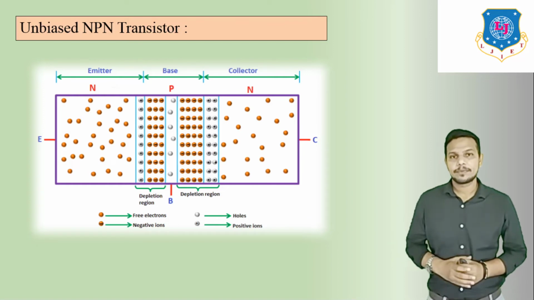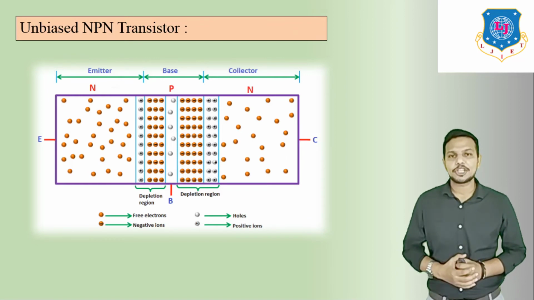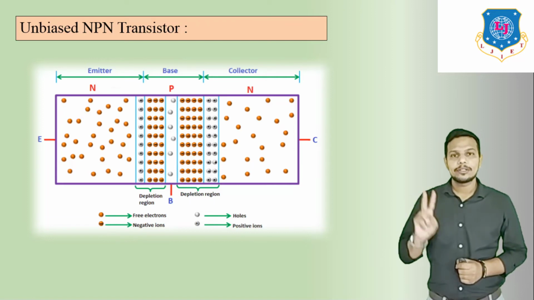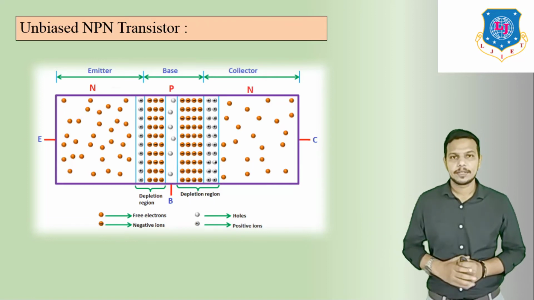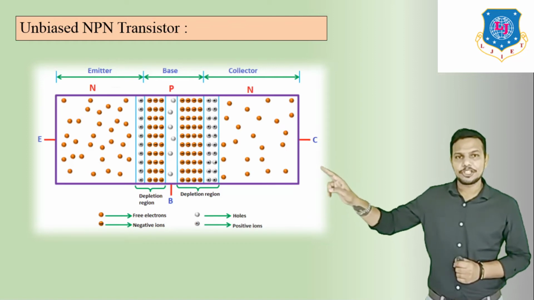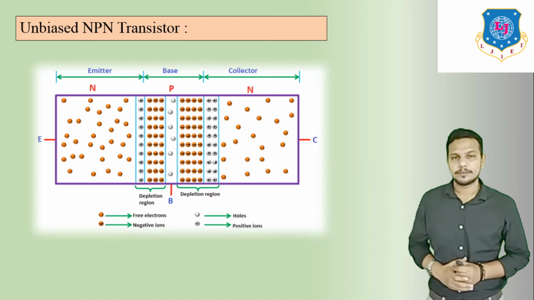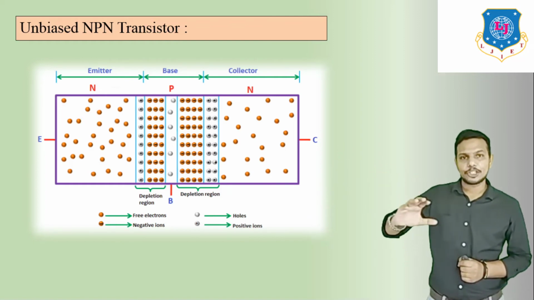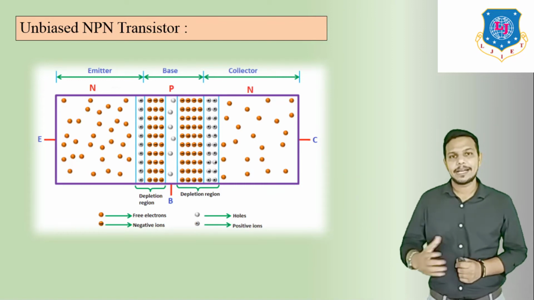At this time, a depletion region is created, as we discussed in the PN junction diode. But here there are two junctions. Here we can see this is the depletion region between the emitter-base junction, and on this side we can see the collector-base junction depletion region.